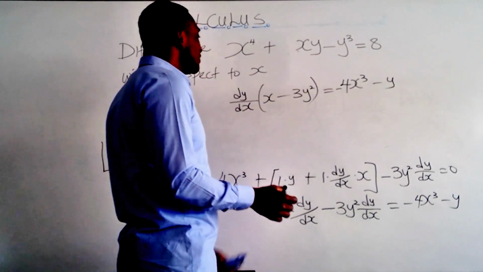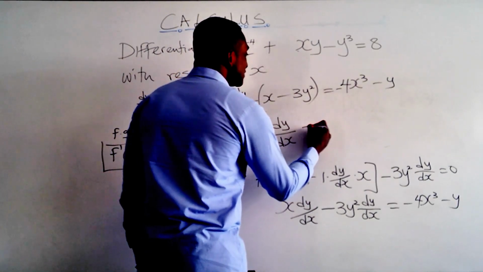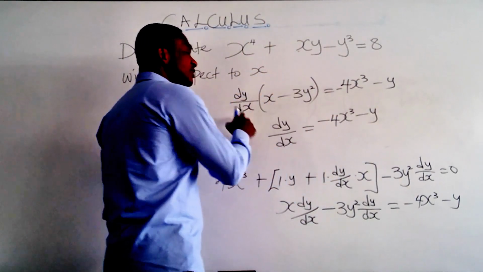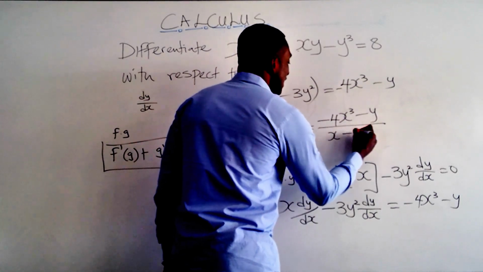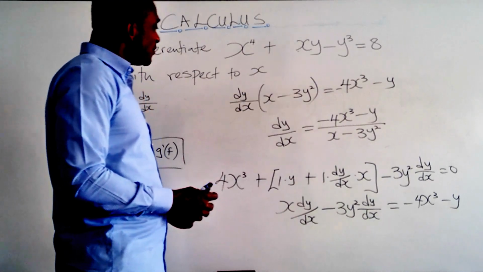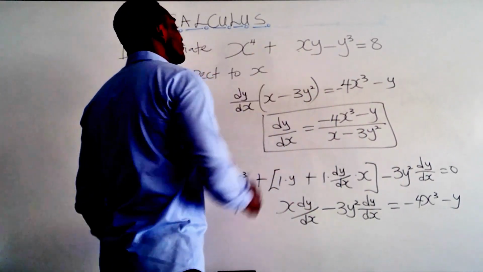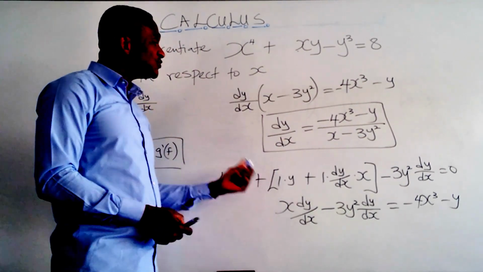Now, the next step is to divide both sides by the coefficient of the function, which is the derivative. So we have x minus 3y squared. It may not be simplified, but this will be the derivative of this given function if we use the implicit approach to differentiate.